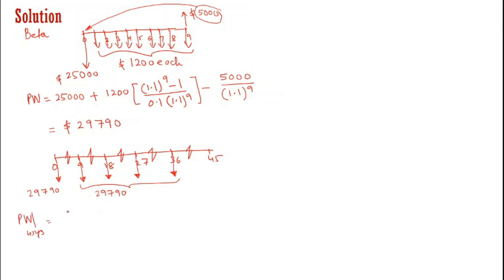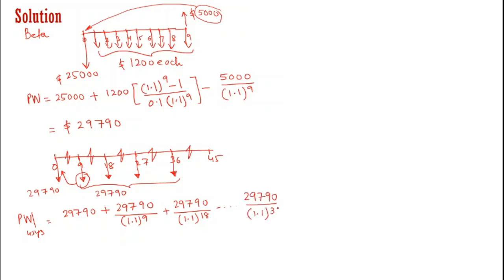So if I write, it will be 29,790 plus 29,790, treating this to be the future worth and converting it to the present point of time using the relationship F equal to P(1 plus i) to the power n. So it will be 1.1 to the power 9. So another term, 29,790 over 1.1 to the power 18, and the last term will be 29,790 upon 1.1 to the power 36.